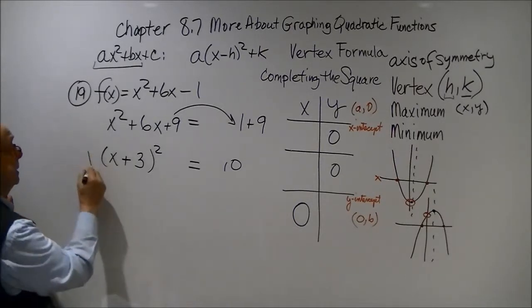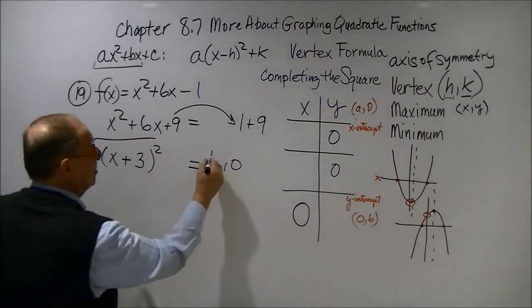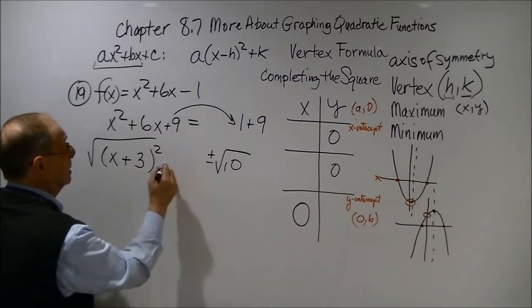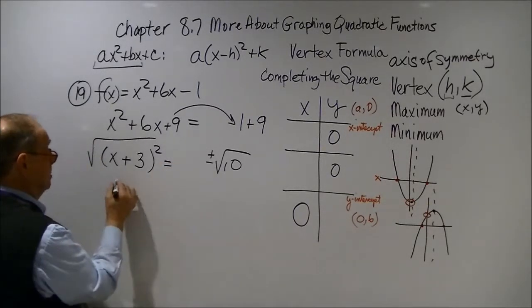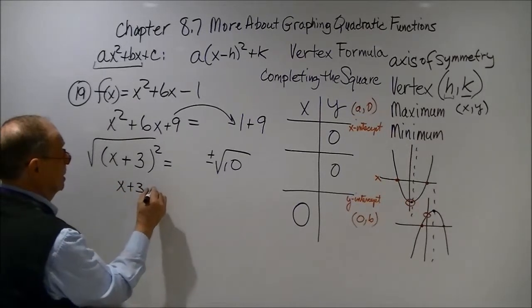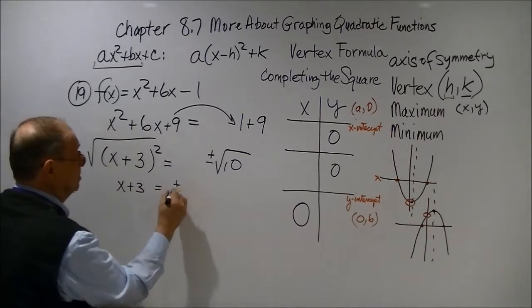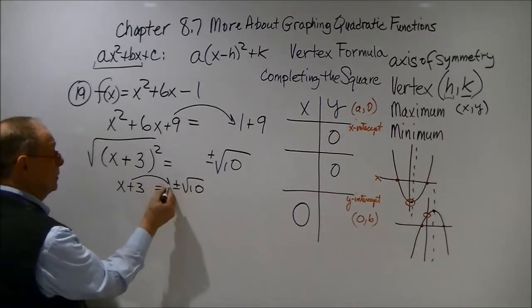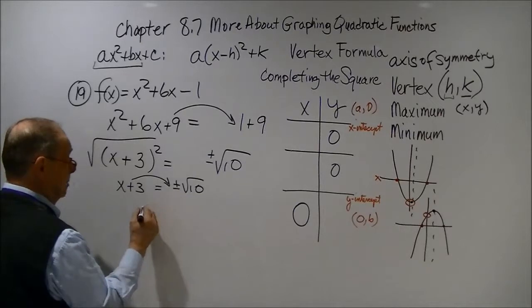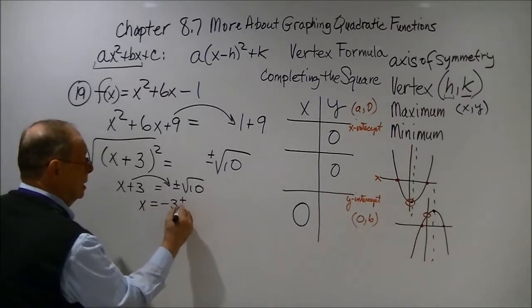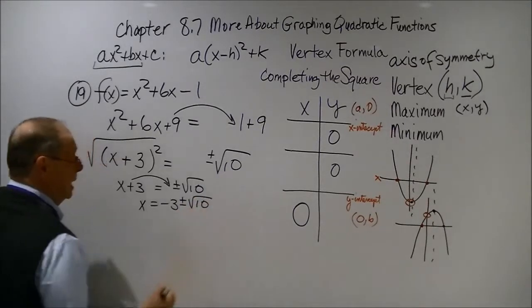Then we take the square root of that, plus or minus the square root of 10. This then becomes x plus 3 equals plus or minus the square root of 10. We transpose the 3. On this side it becomes x equals a negative 3 plus or minus the square root of 10.